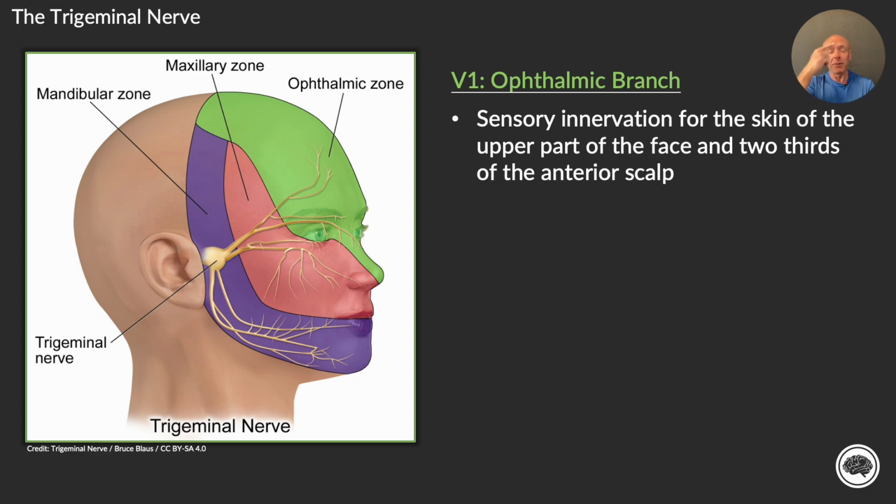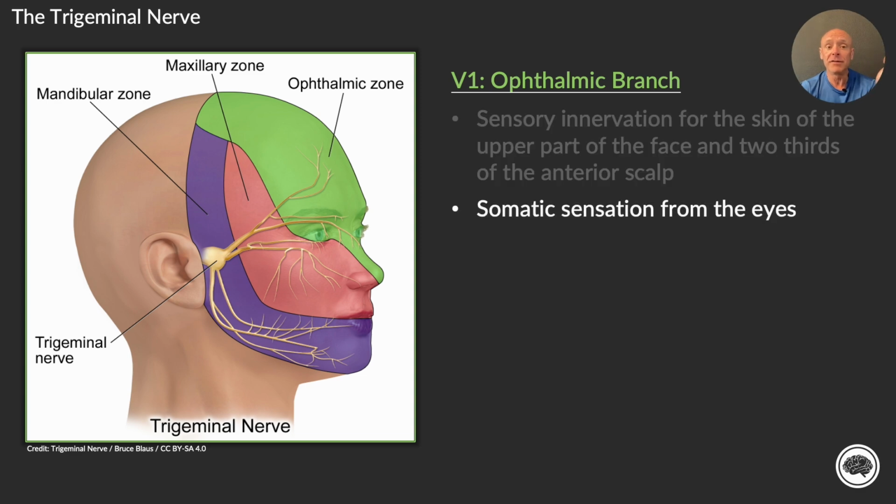If I touch my forehead, or put an ice cube or some electrical stimulation on my forehead, as long as it stays within that zone, it's going to be stimulating the ophthalmic branch, which means the sensation being created here is going to use that particular branch of the trigeminal nerve to send that information down into the brainstem for processing. And that's going to be really important as we go forward as well.